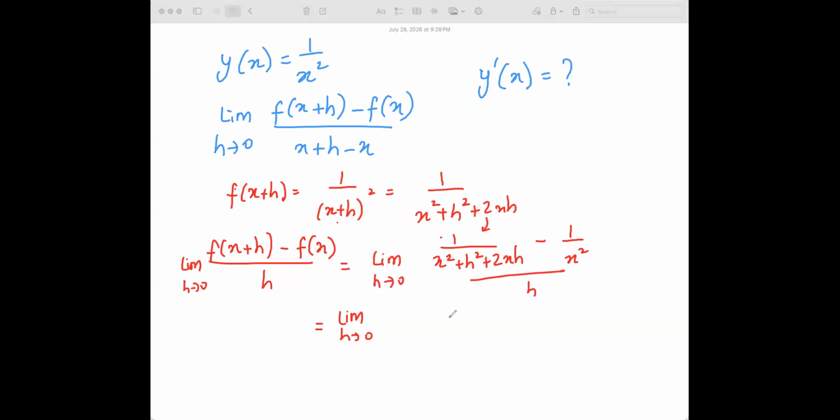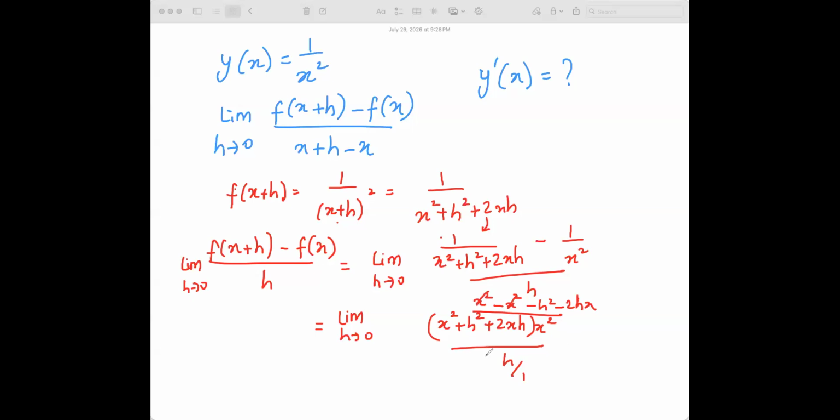So that would be x square plus h square plus 2xh times x square. On top would be x square minus h square minus 2hx, divided by h, right?